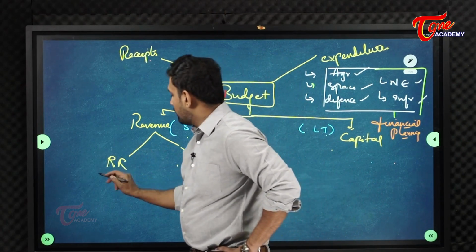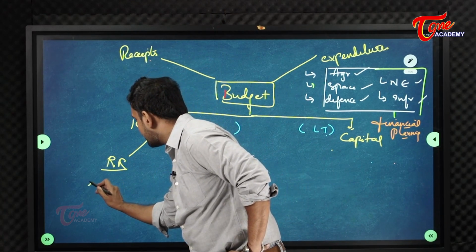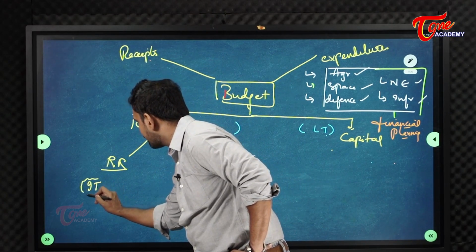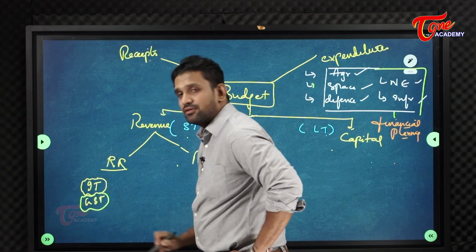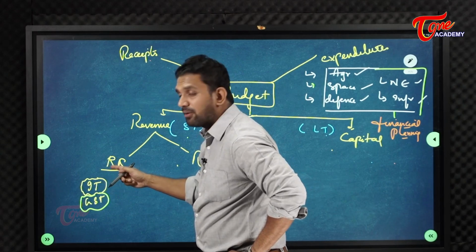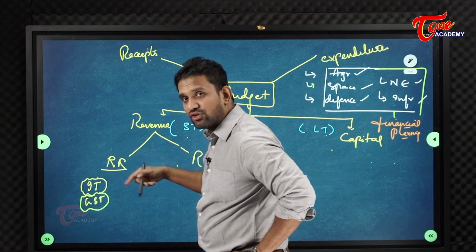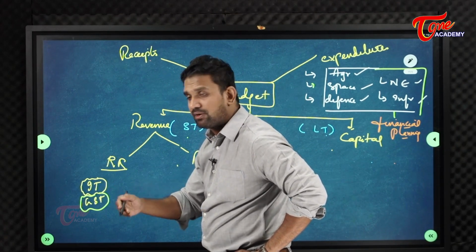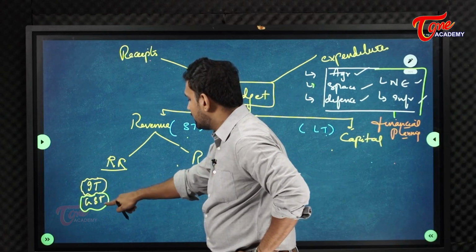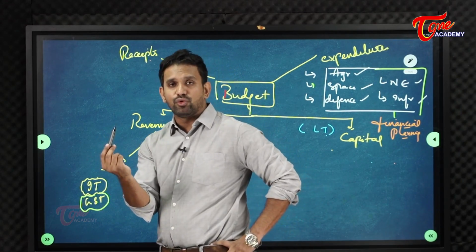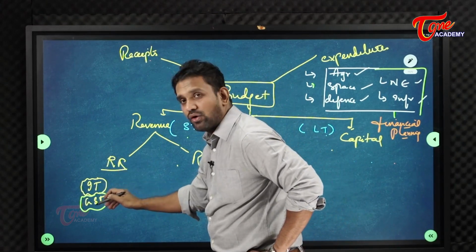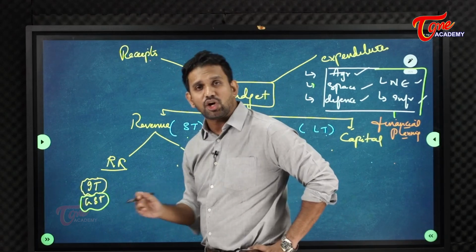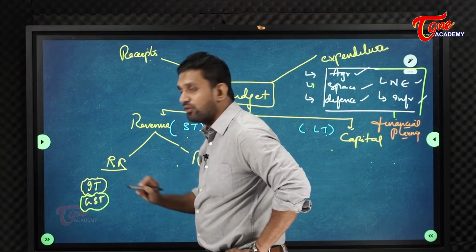For example, the income tax we pay, and GST we pay on every product. We pay income tax to the government every month, and GST for every unit of good. So the government is getting the money within a short period of time, and then it is called revenue receipt.